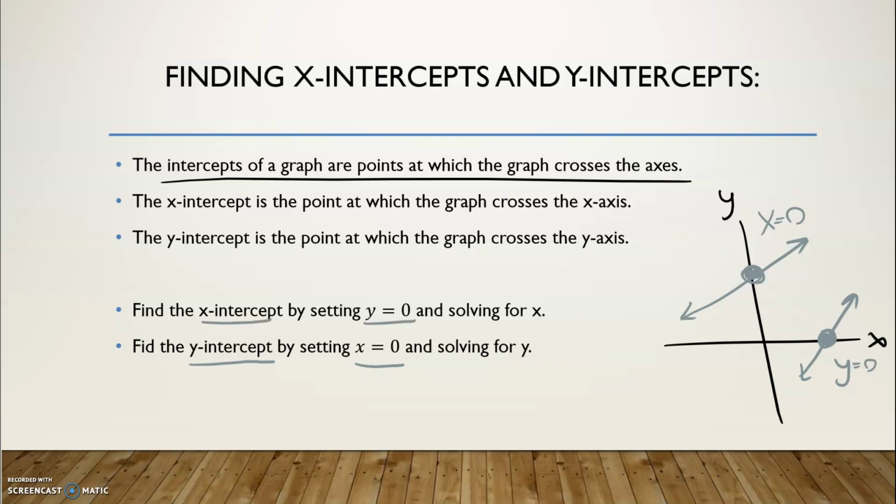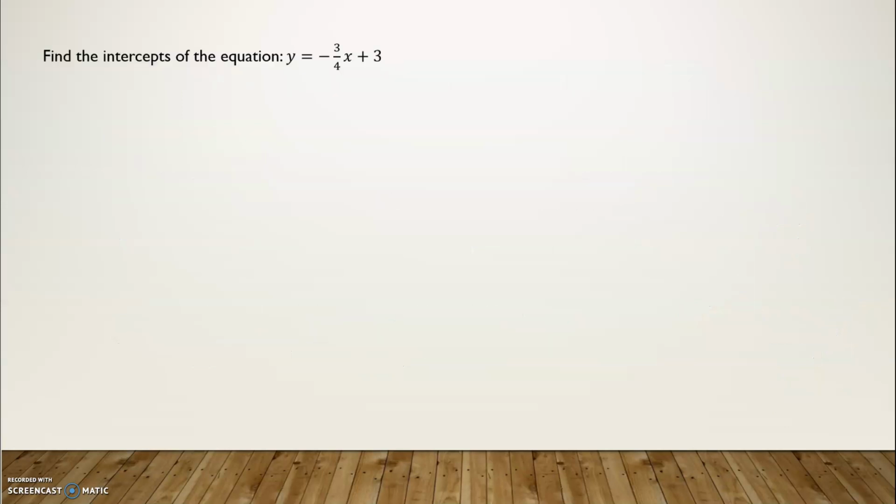X-intercept, y is equal to 0. This will always be the case. Okay, so if we find the intercepts for this equation, y equals -3/4 x plus 3. So say we find the x-intercept first, which means that y is equal to 0. So what I'm going to do is I'm going to replace y with 0.